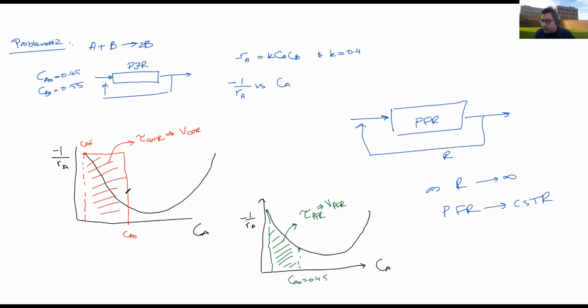So now if I have a look at these two charts right here, it's obvious that the PFR can achieve this from Ca note to CAF. So this is CAF here, and this is CAF here. It's obvious that the PFR can achieve this reaction at a significantly lower volume, right? A bit less than half, or a bit more than half, sorry. In a much smaller PFR, I can achieve the same progress of reaction.